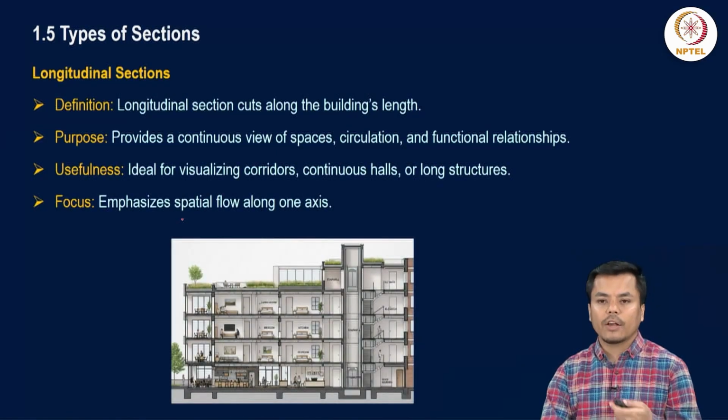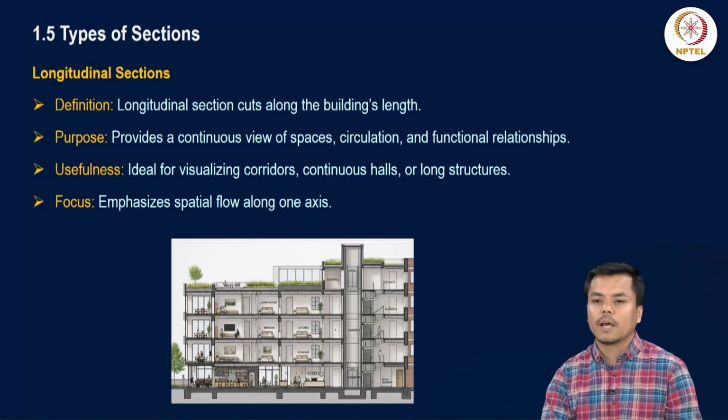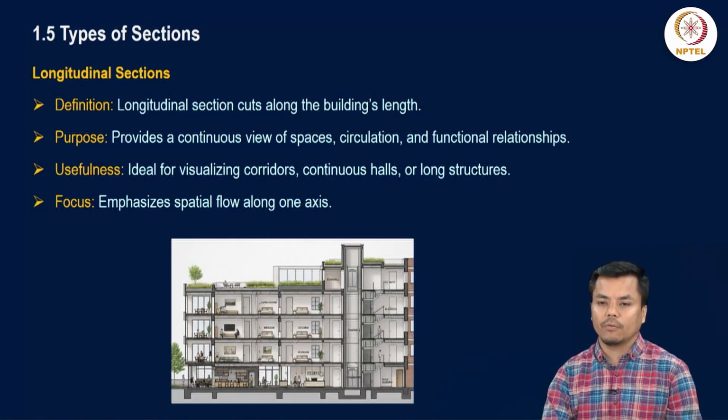So to explain more on the longitudinal sections, it cuts along the building's length as showcased here. The purpose here is to provide a continuous view of spaces and circulation and functional relationship between several spaces with each other. It is ideal for visualizing corridors, continuous halls, or the long structures if it is there in your design.